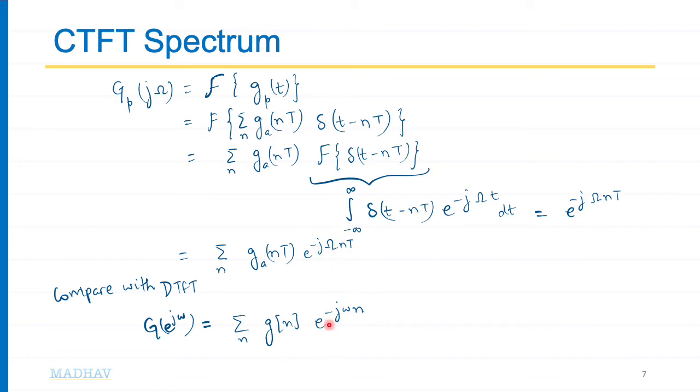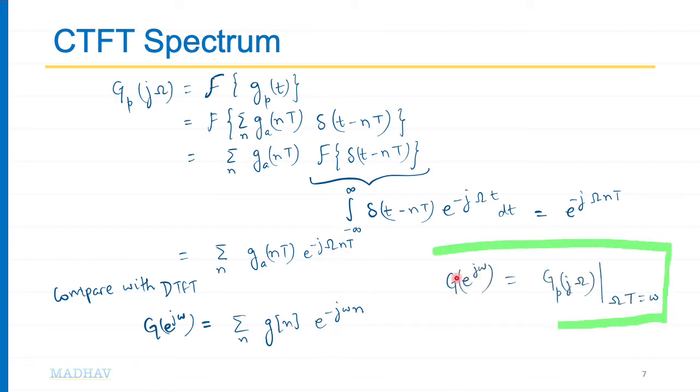If you compare, you find that my G(e^jω) is simply Gp(jΩ), where you are considering not the continuous time frequency Ω, but the discrete time frequency ω. Basically, if you replace capital Omega times capital T, you get small omega, right? So if I want to study this, it is good enough to study this because of this relationship. So that's the whole idea.